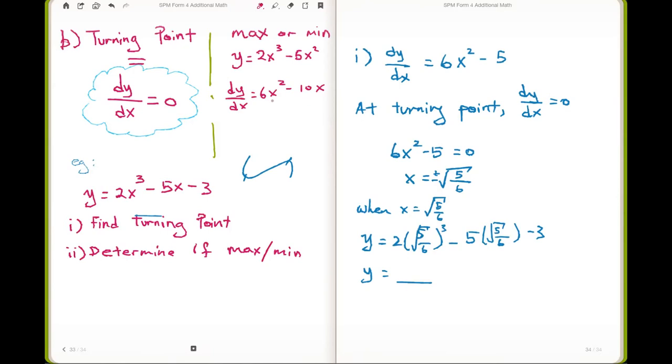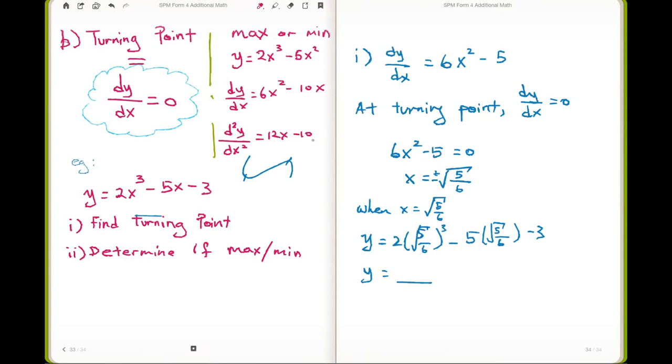But if you want to determine if the coordinate you obtain is a maximum or minimum, all you need to do is differentiate this equation another time. d2y over dx squared will be equal to 12x minus 10. So you still have an unknown. Then you substitute the x value, the coordinate you obtained from here, into here.